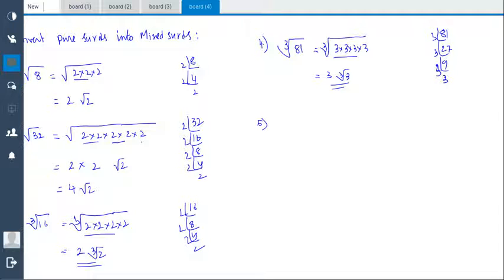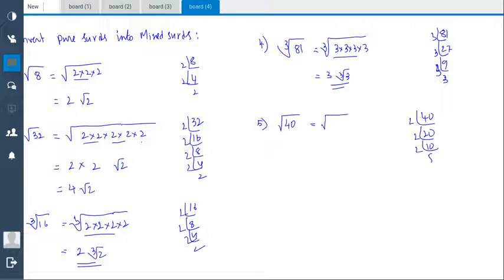Let me do one more question. 40 is there, for example. Square root of 40. What you have to do? You can write it as a product of prime factors. This is one way.